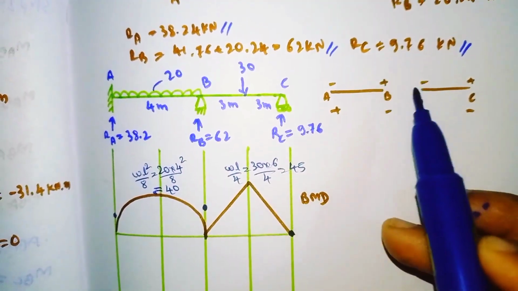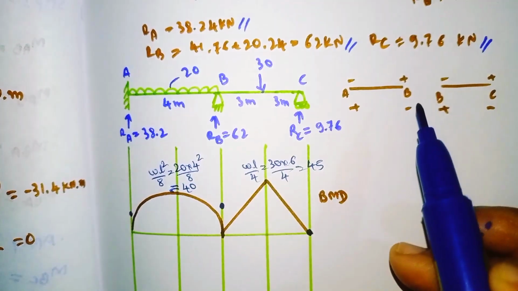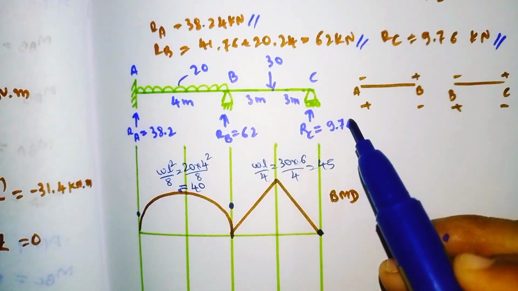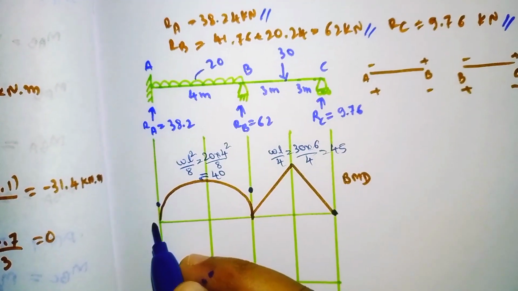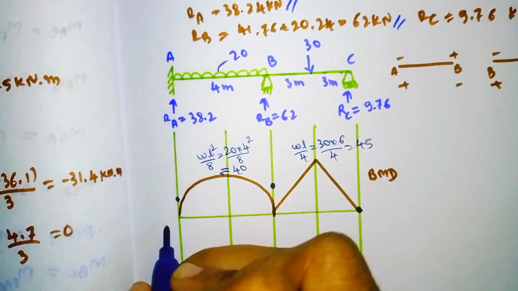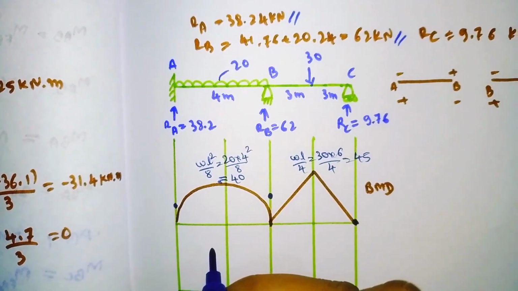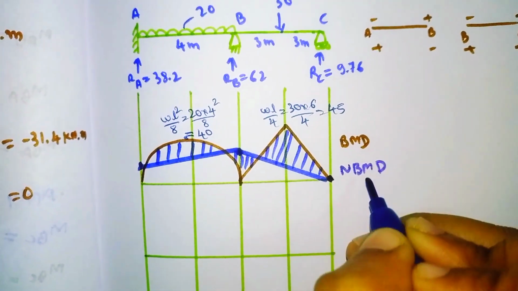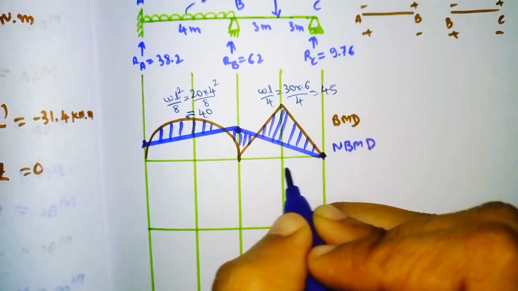This is the sign convention. For drawing the net bending moment we need to see this. If a negative value comes we need to draw it above the neutral axis only. So these are our points. Now we need to join them. I will join. So this is the net bending moment diagram. This is how we have to draw.